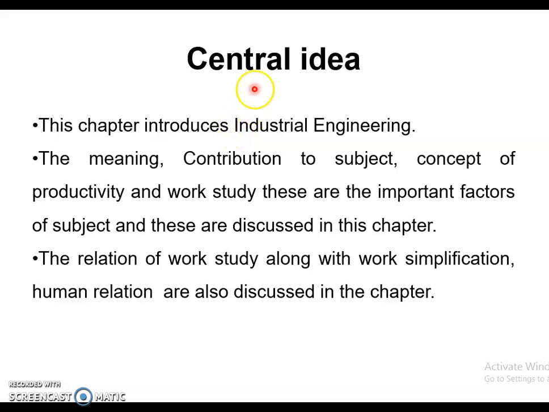Now let us discuss the central idea of this subject. In this subject we will study the meaning of IE, contribution of the subject, concept of productivity and work study here. So let us move on further.